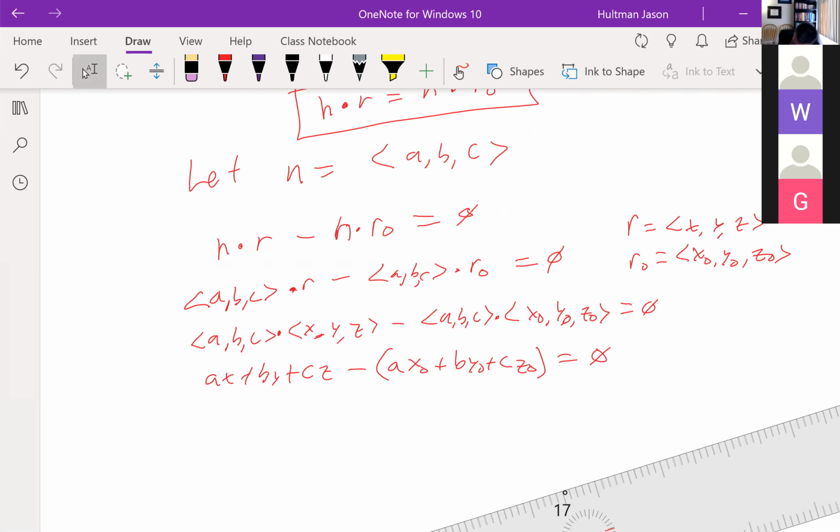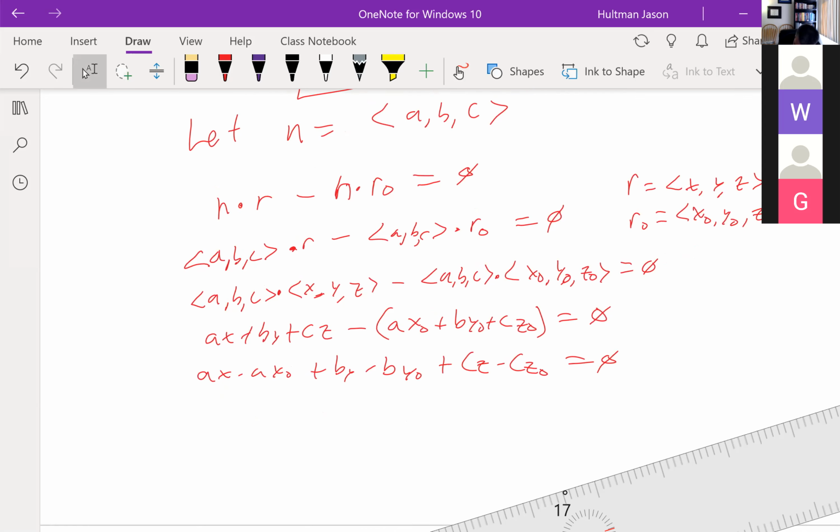Let's distribute the negative and put like terms next to each other. So ax minus ax naught plus by minus by naught plus cz minus cz naught is equal to 0. I'm going to factor out the a, b, and c here. A times x minus x naught plus b times y minus y naught plus c times z minus z naught is equal to 0.